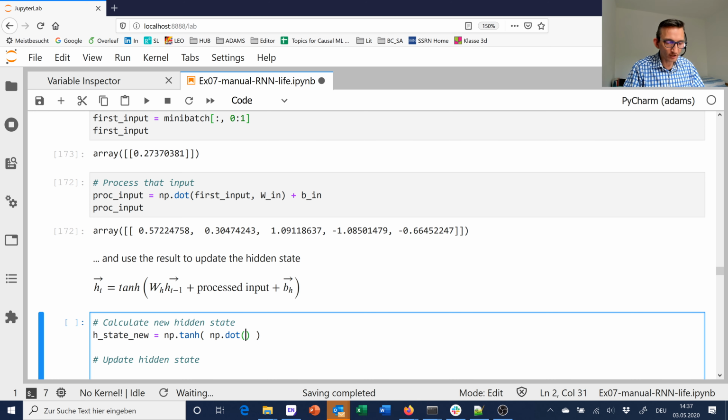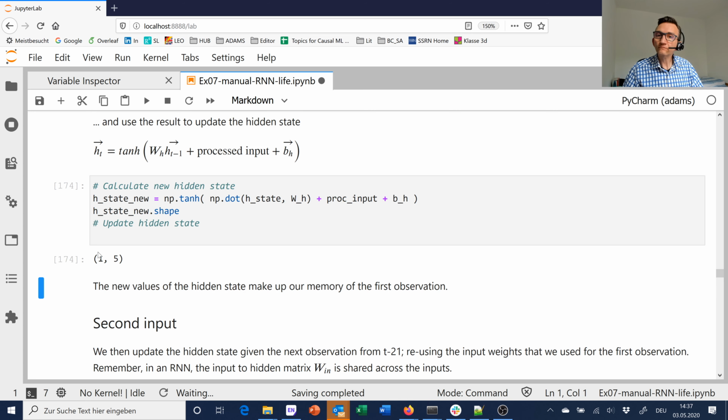And then we have the dot product of our hidden state and the hidden state transition weight matrix, WH. And we add to that the processed input. And we add to that a bias. And that should give us the new hidden state, which, of course, has to be of dimensionality 1 by 5.